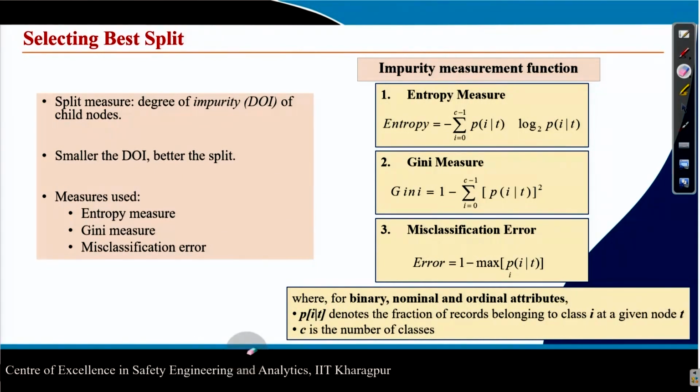You only need to find p(i|t) at every node, the proportion of observations in a particular class.